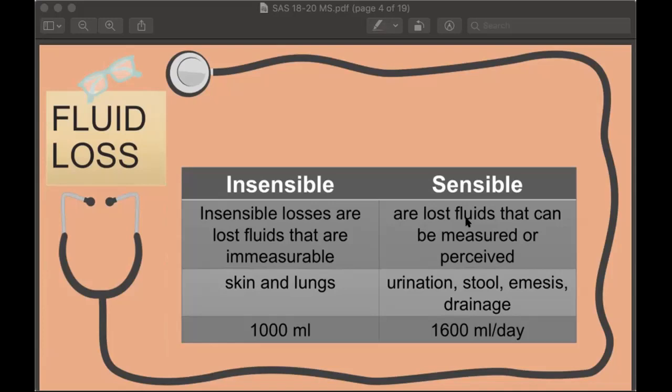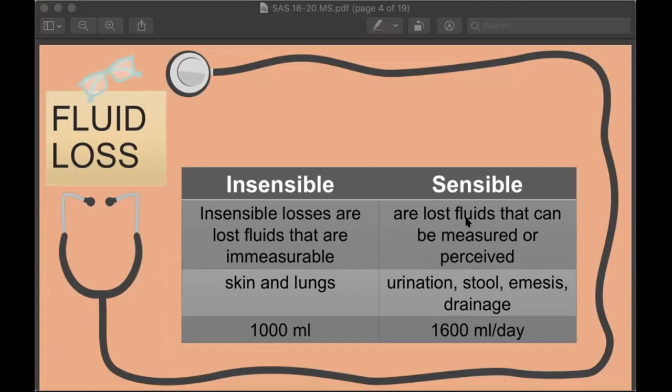Now, on the other hand, we have your sensible loss. Sensible losses are lost fluids that can be measured or perceived. It means we can see this one, like urination, or during your defecation, the stool, emesis, or drainage. Drainage is actually from your wounds. We can measure these losses, okay?